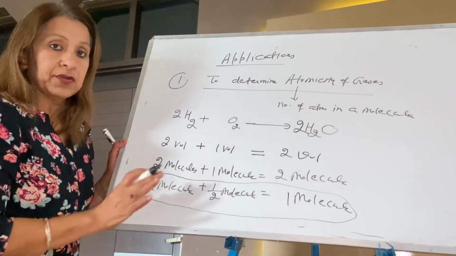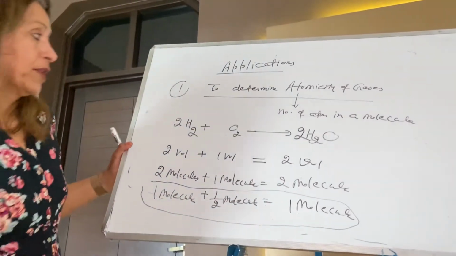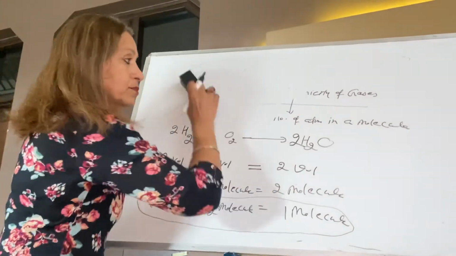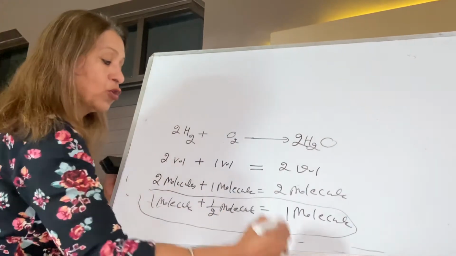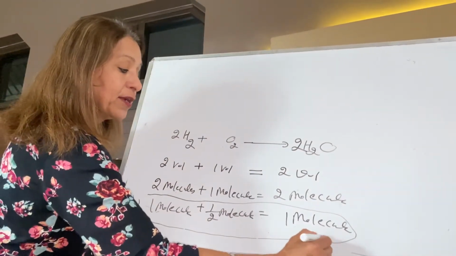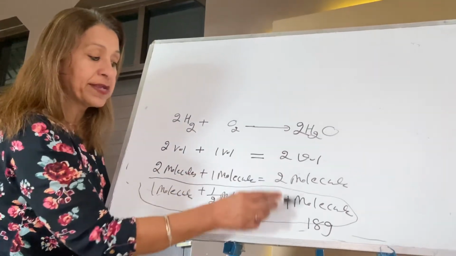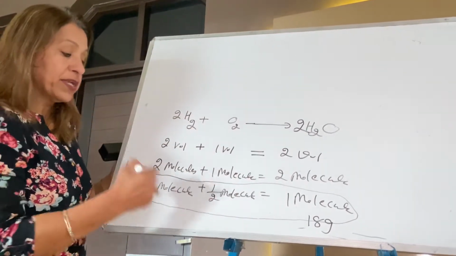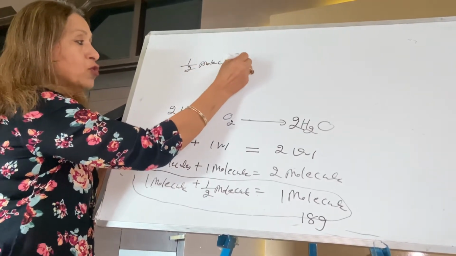Now, after that, you will calculate the weight. One molecule of water, next step. Write down below that, one molecule of water is 18 gram. So what is the weight of half molecule of oxygen?